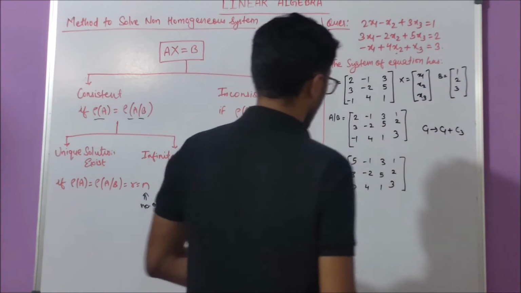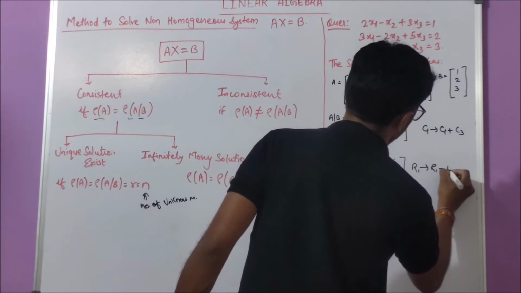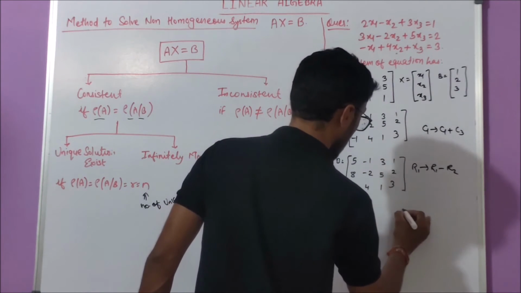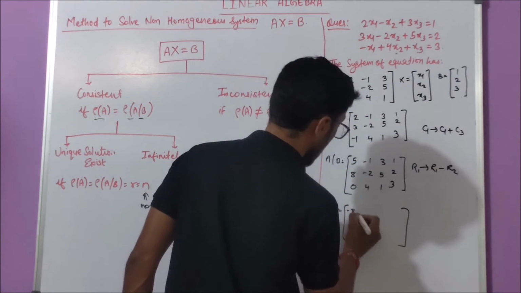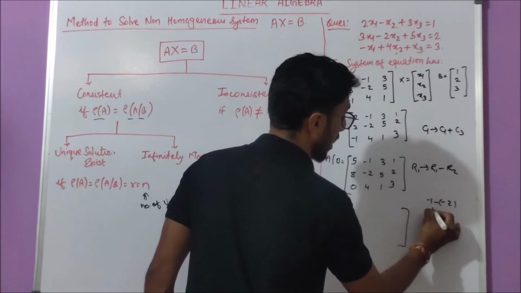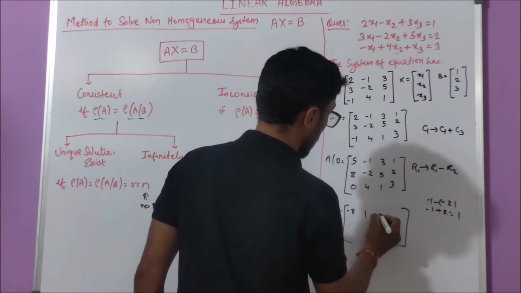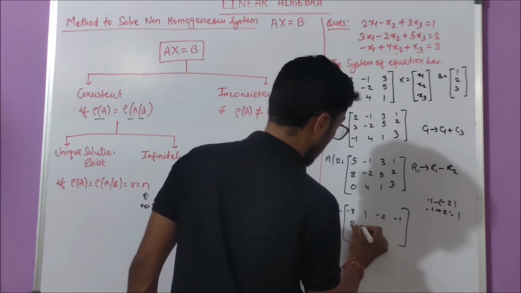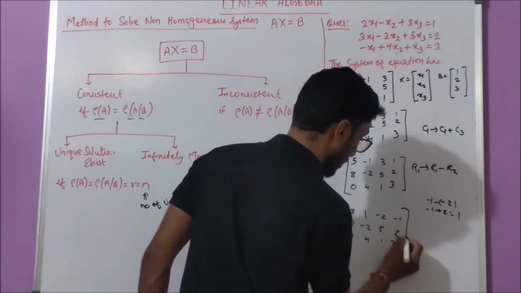Now we are applying R1 minus R2, and we get the matrix as: R2 is subtracted from R1, 5 minus 8 is minus 3, minus 1 minus 2, and so on.